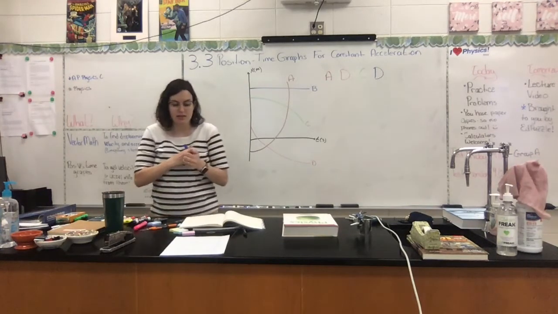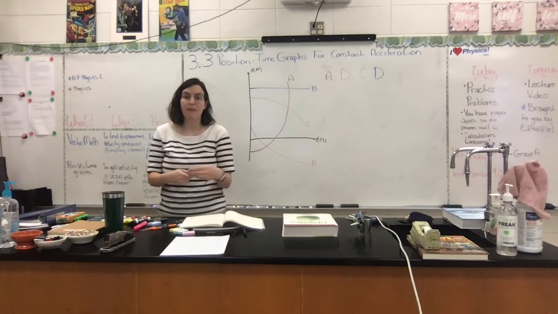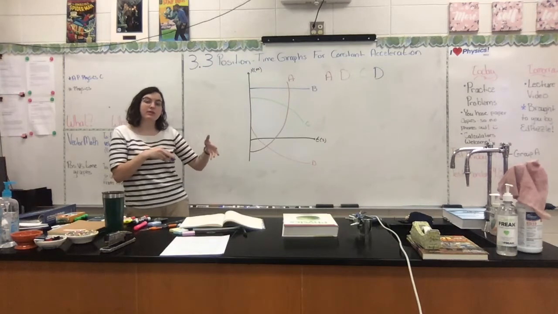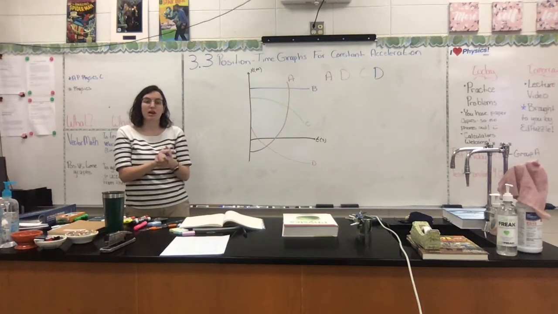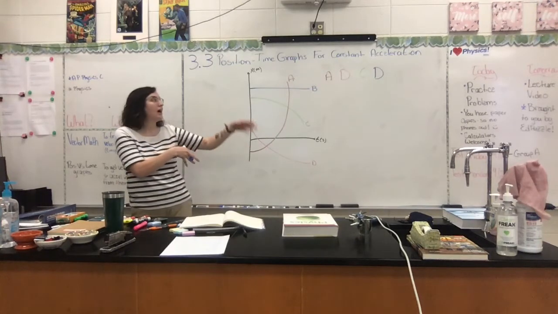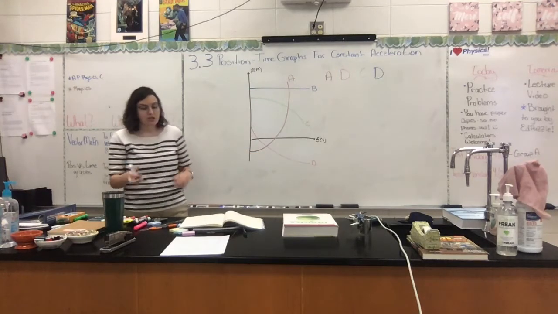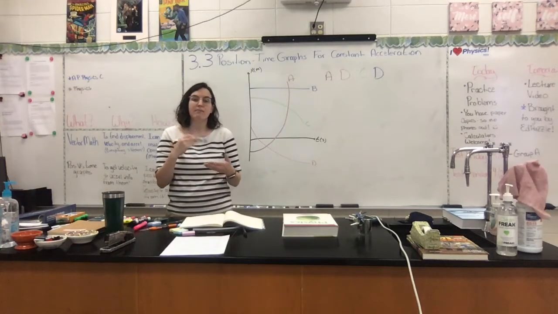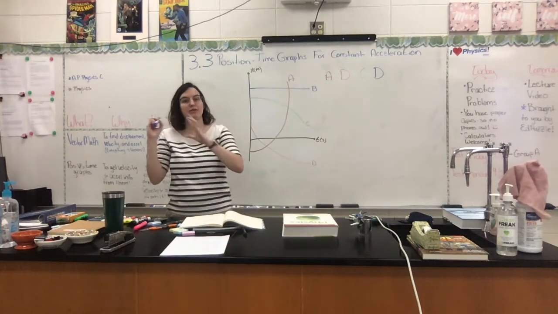The next thing I want to talk about is the most negative to most positive velocity. So if you remember when we were originally talking about velocity and we were discussing constant velocity, we talked about how we could get the velocity by taking the slope of a position versus time graph, all right? So what we're going to look at here is the initial velocity from the most negative to the most positive.